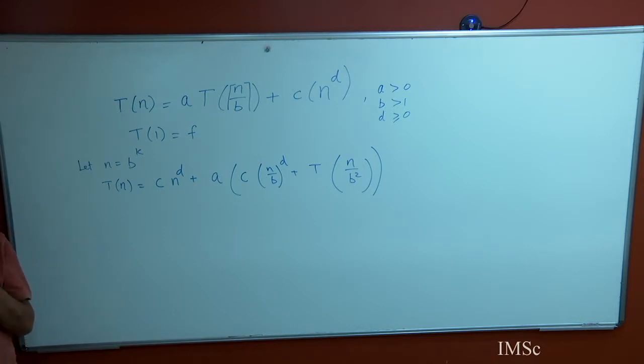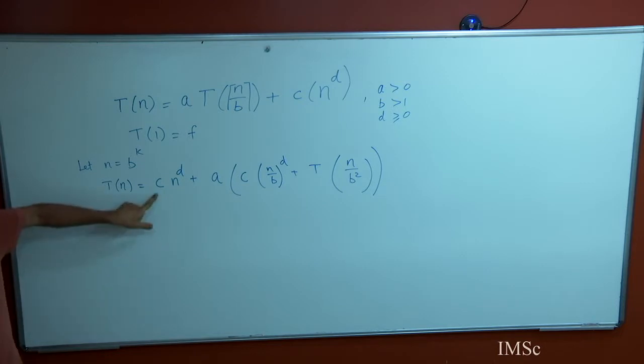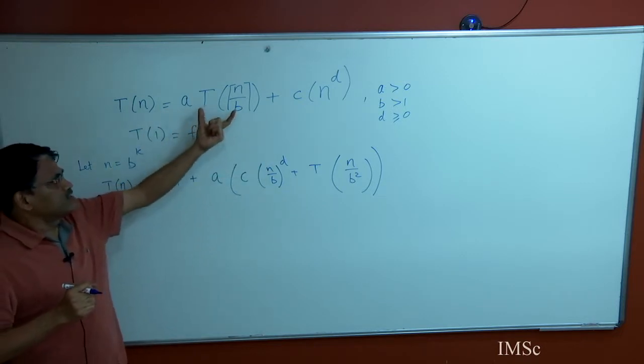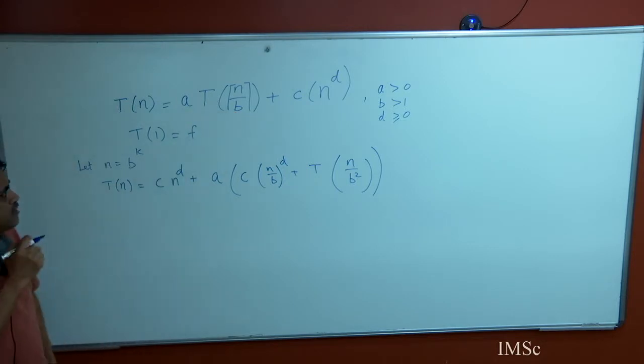So, this is C n power d, and I plugged A outside and I expanded T of n over b. There will be another A. Yeah, there's an A missing, right?